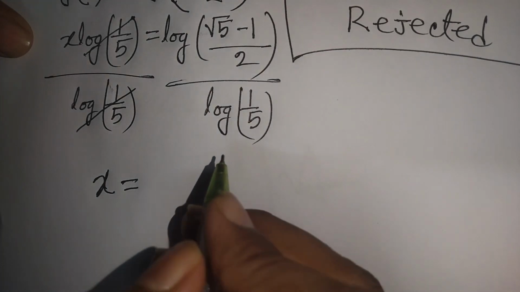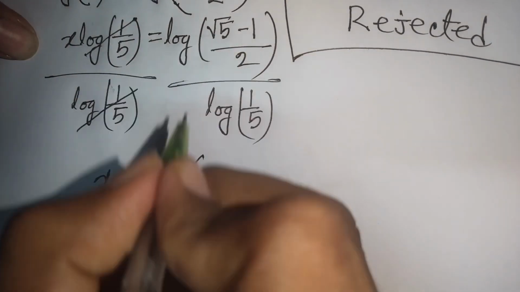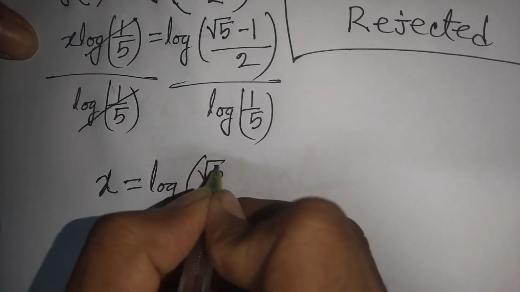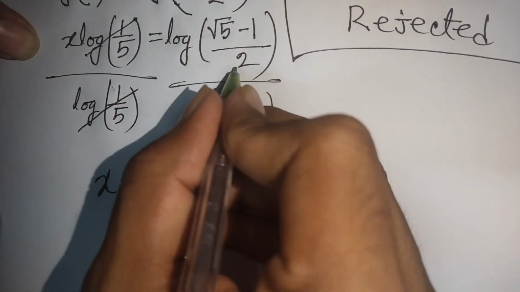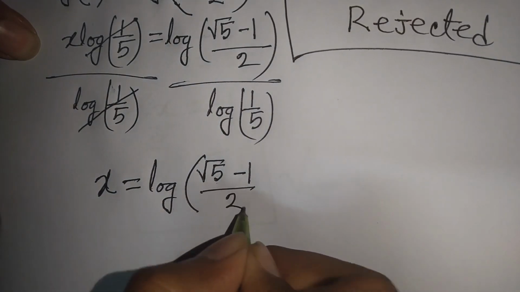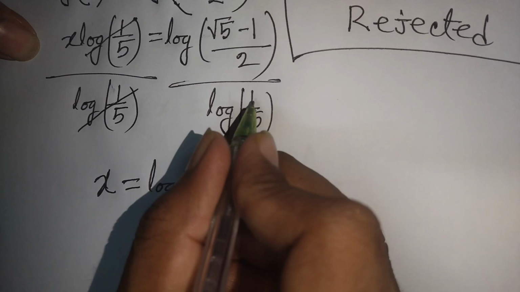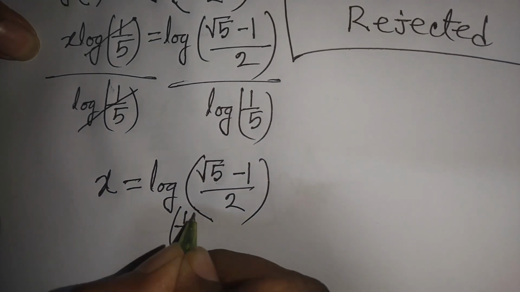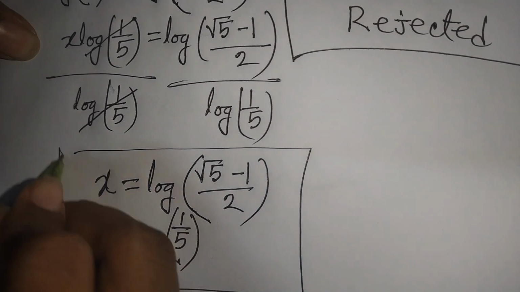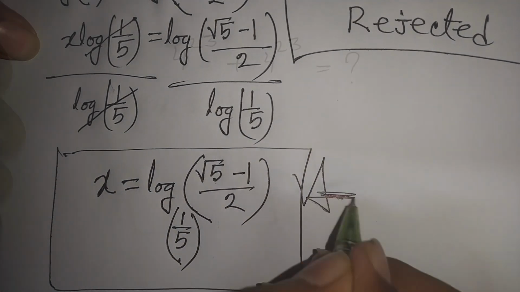That means it will be log of a square root of 5 minus 1 over 2, then base of 1 by 5. So this is the value of x. So this is our final answer.